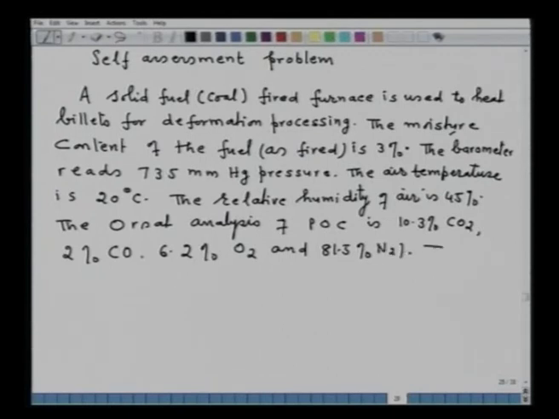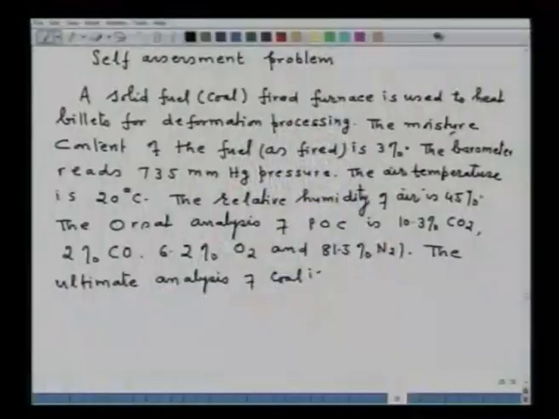The ultimate analysis of coal, now you remember, as I said, the ultimate analysis is given always on the dry basis.